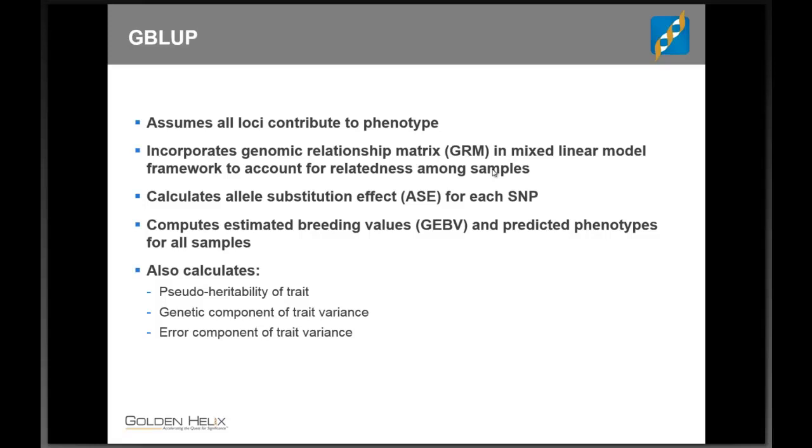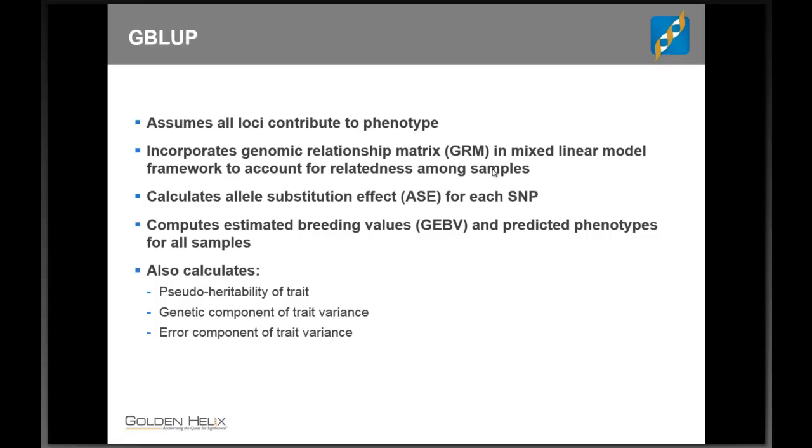In terms of output, it gives what we call an allele substitution effect for each SNP. Essentially, that is the coefficient of each SNP as it is built into that linear model, and tells you what is the effect size associated with the SNP, of course. And also it gives the breeding value that we talked about on the last slide.